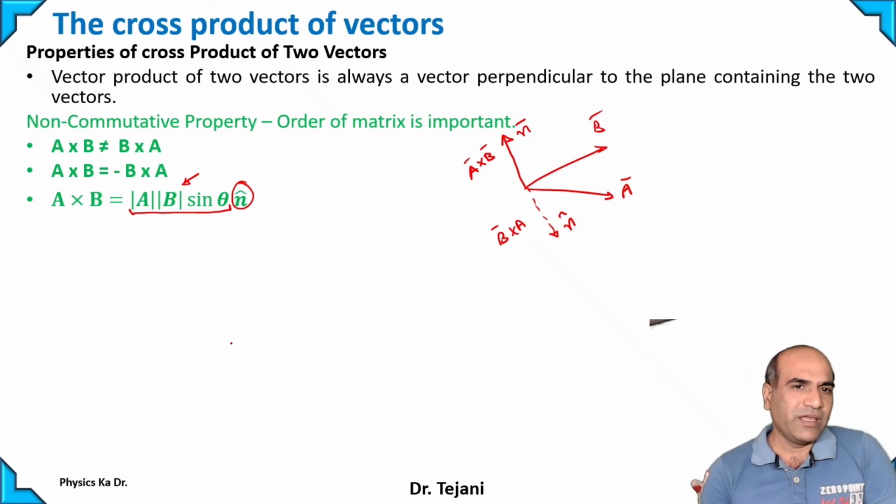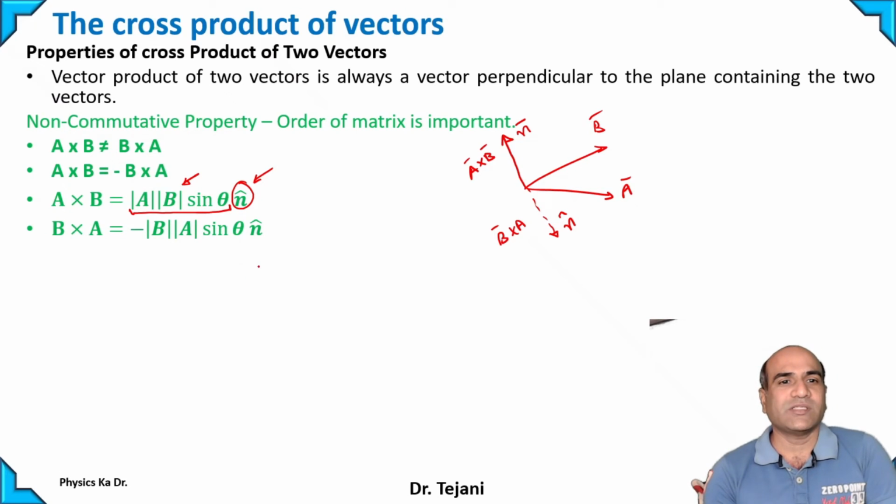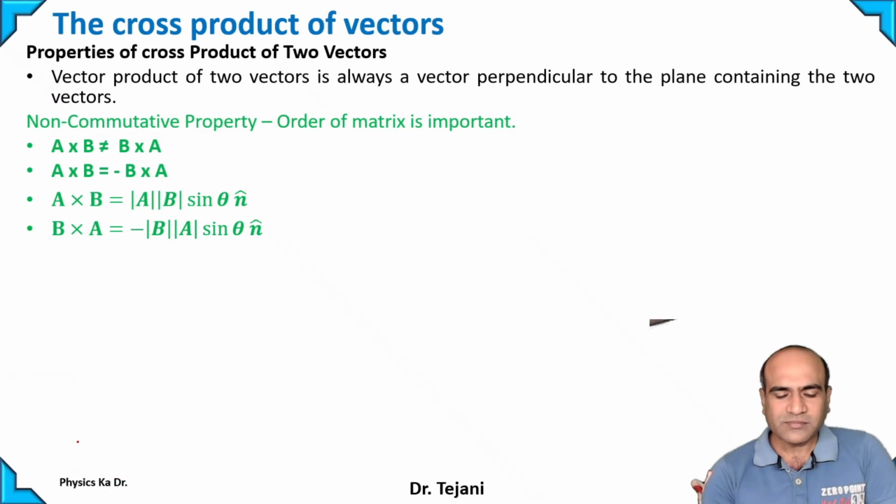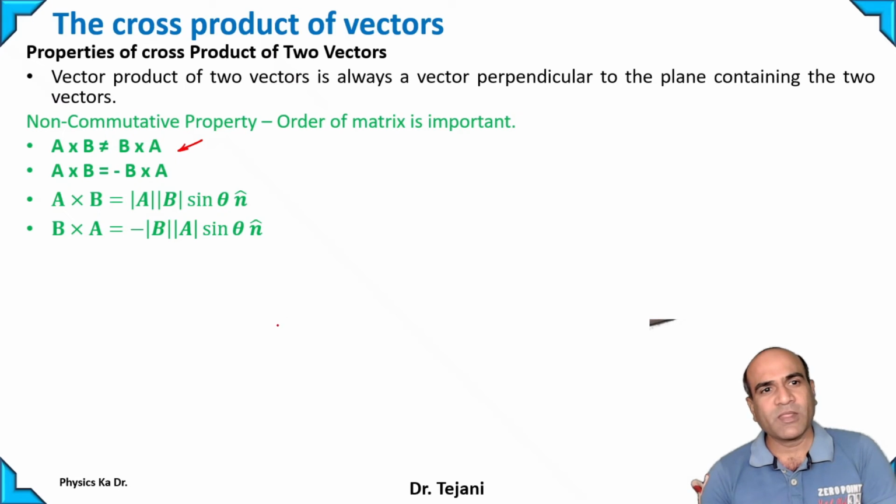So A cross B is not equal to B cross A. That becomes negative. The magnitude is equal, but the direction is opposite. Therefore this cross product of vectors is not equal, and this property is known as the non-commutative property.